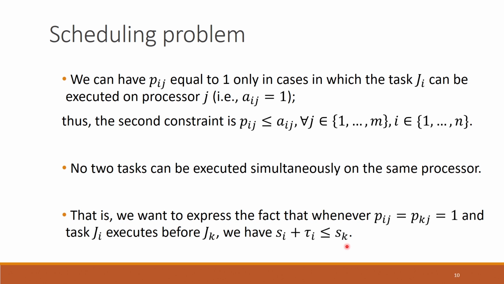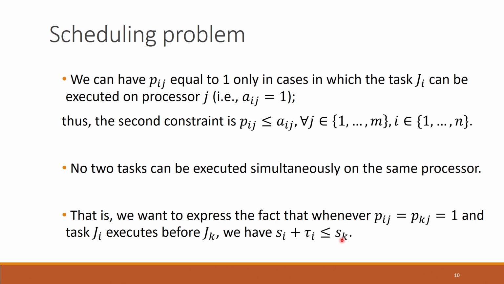That means that the starting time of task Ji plus the processing time of task Ji should be less than or equal to the starting time of job Jk. So, you should have completed this task Ji, and only then you can start the other task Jk here.